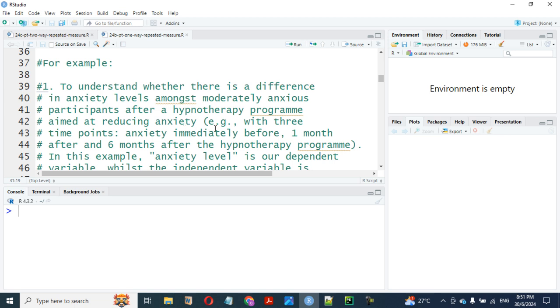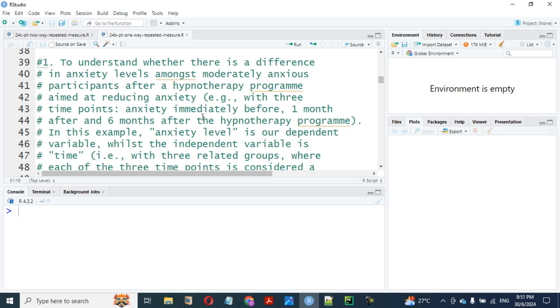For example, we have three levels now with 3 time points: anxiety immediately before, 1 month after, and 6 months after the hypnotherapy program. So we have three levels.